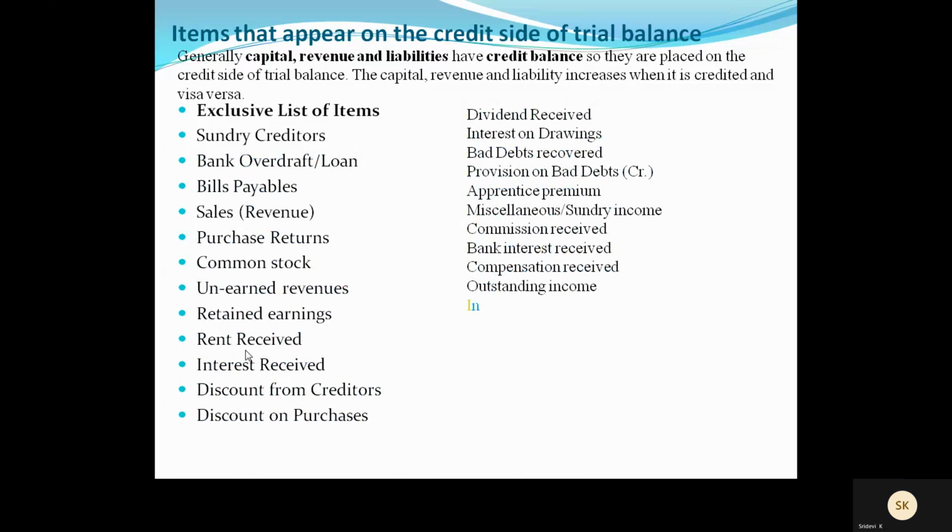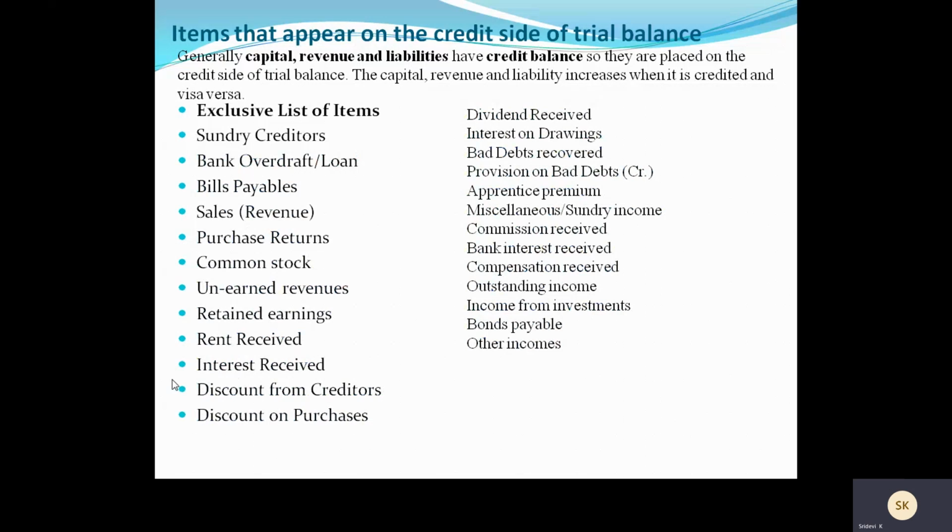Outstanding income, incomes from investments, bonds payable, any other income, if it is left over, any other income that you think is related with the company's income. All those items' amounts should be shown in the trial balance. So this is the list of the trial balance credit items, we can say.